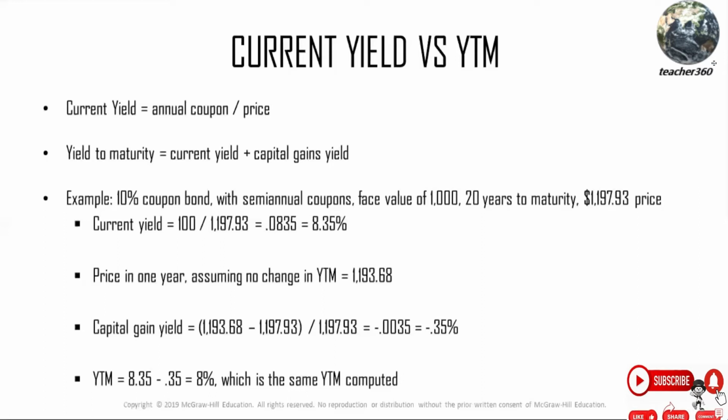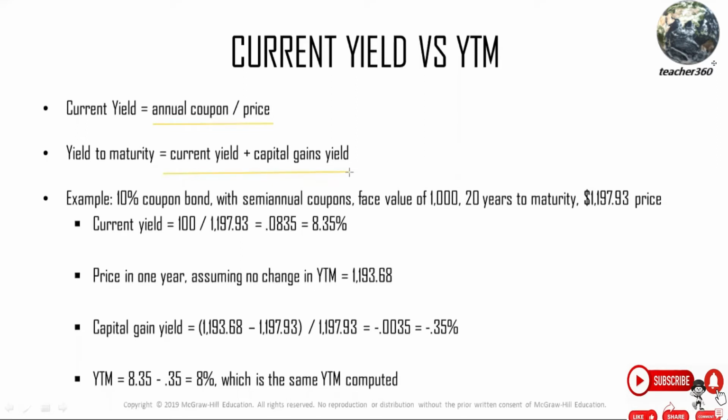Here we can also see that the current yield formula is annual coupon divided by price. Yield to maturity is the current yield plus the capital gains yield. Through an example, we can find this current yield.